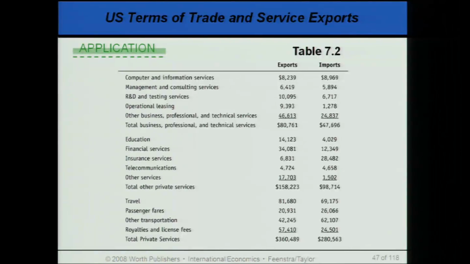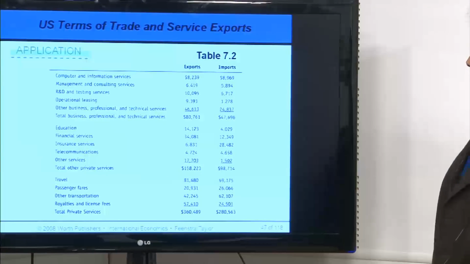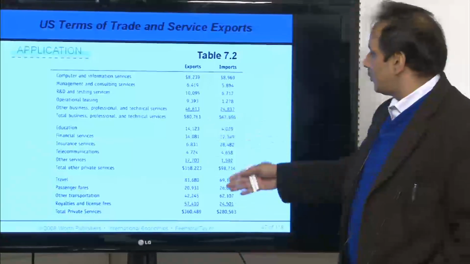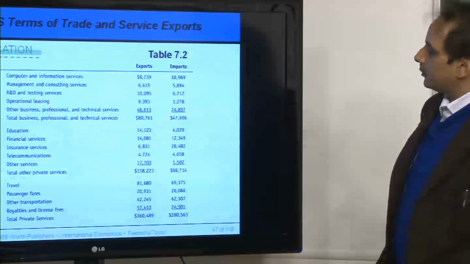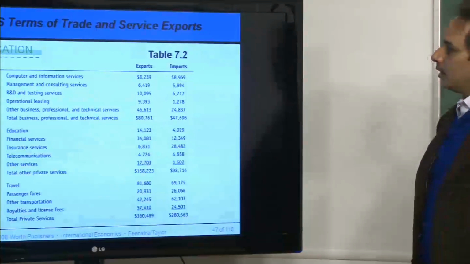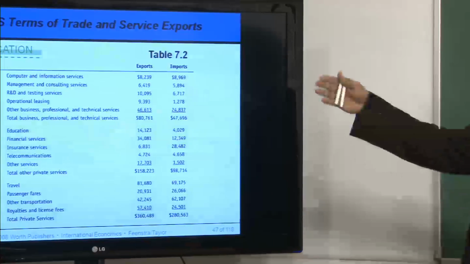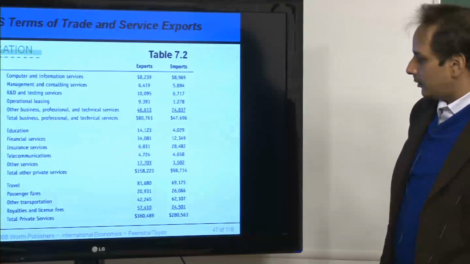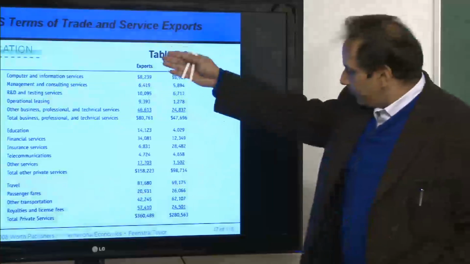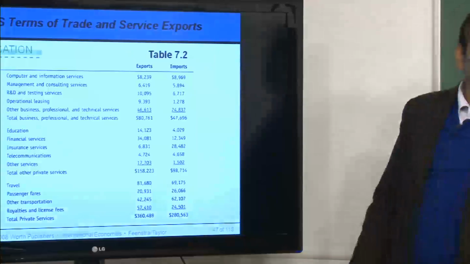Now, even if you see the total exports and imports of services, if you work out the total exports under different services, starting from computer and information services to management and consulting services, educational services, financial services, telecommunications, travel, passenger fares, transportation, royalty, you will see that if you sum up, the total exports of the US are greater than the total imports of services.